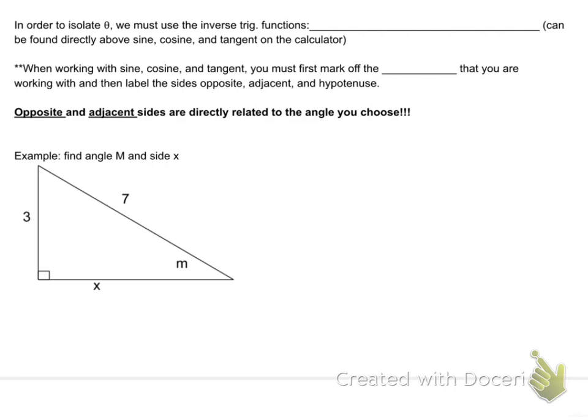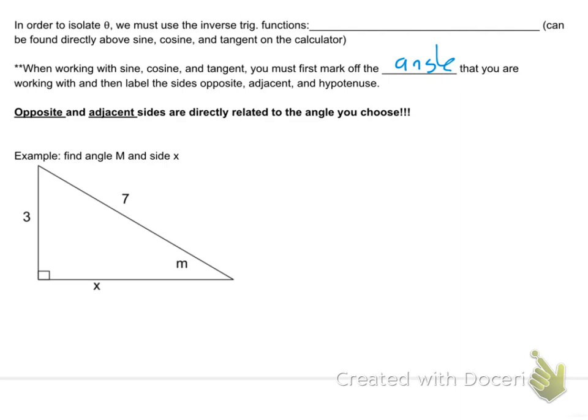So then working our way up from the bolded section there, we're going to talk about this right here. Very important. Not only is the fact that opposite and adjacent will switch according to what angle you are from, then this makes it all the more important that when you're working with sine, cosine, and tangent, you must first mark off, or work from a particular angle, and then you can locate and write opposite, adjacent, hypotenuse.